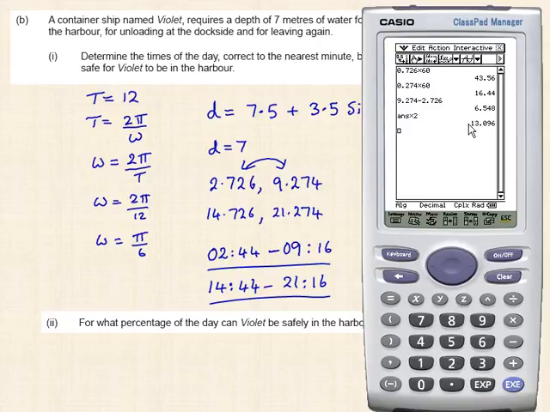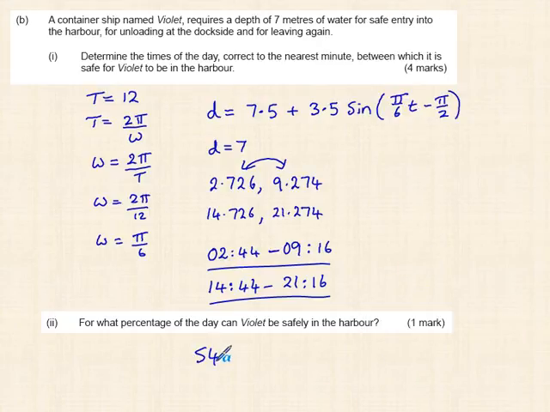And then what we want to do is this divided by 24 and multiply by 100, and that gives us 54.57%.